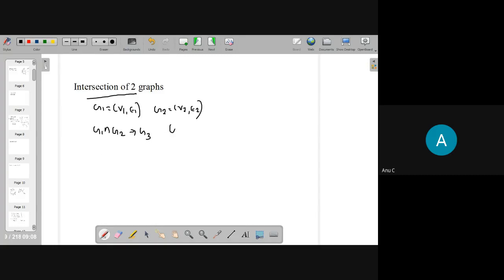G3 consists of V3, E3. So V3 equals V1 intersection V2, then E3 equals E1 intersection E2. Okay, so what do you mean by intersection?